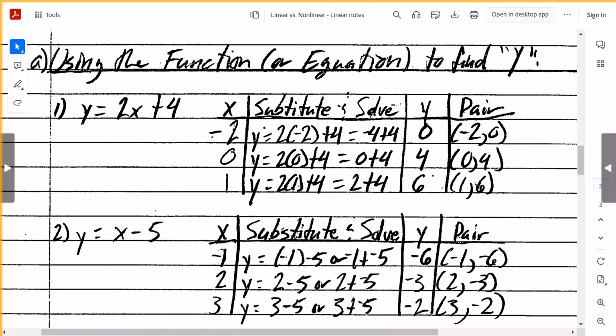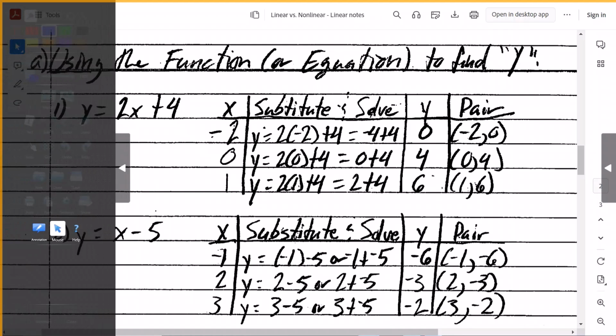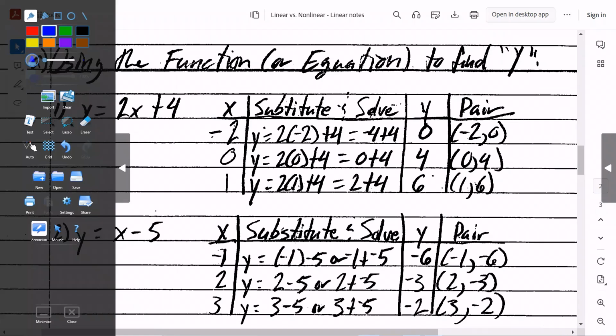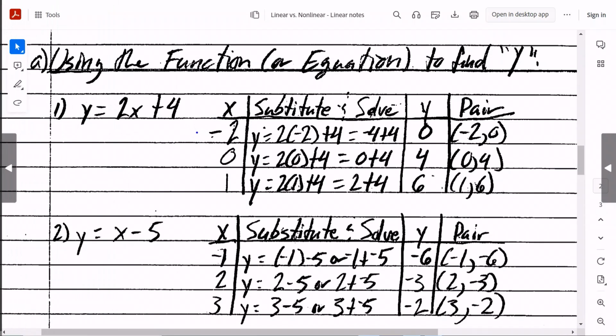So this is supposed to say substitute and solve. When it copied, it got changed, I don't really know how that happened, but we're going to go with it anyway. You're going to substitute these x's into the function, find your y's, and then build an ordered pair. First we're going to start with negative 2. Negative 2 is our first x coordinate, our first input, our first independent variable.